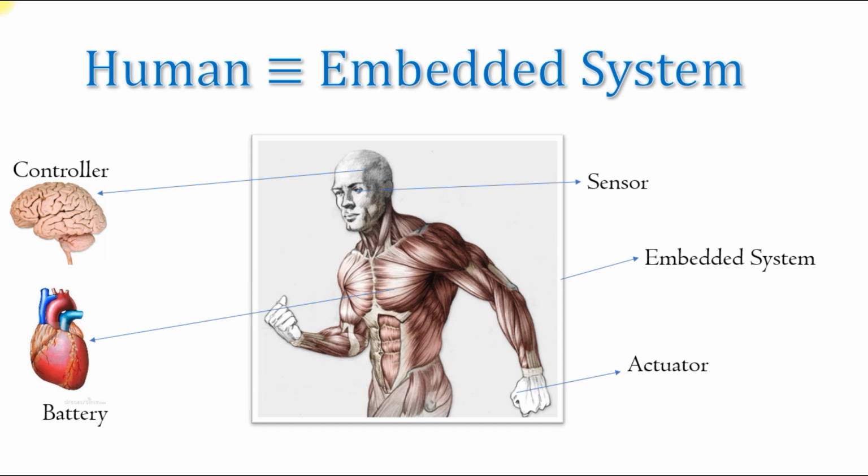So we can correlate our human brain with the CPU in your mobile phone, and the battery is equivalent to our heart. So it is supplying power. Here the heart is supplying blood. Okay, actually pure blood is supplied by means of this heart.